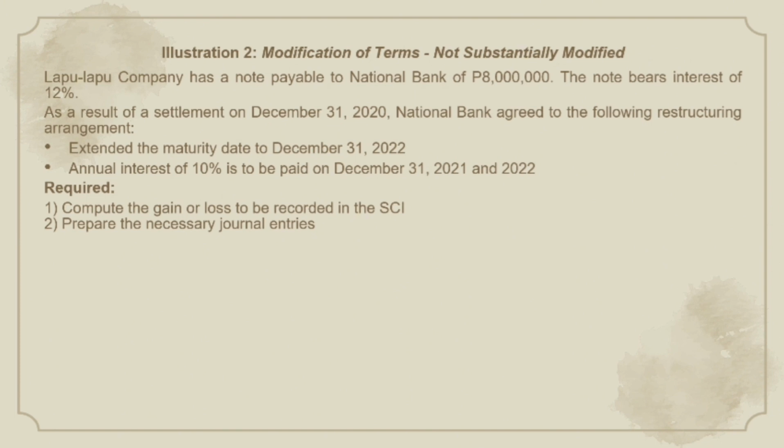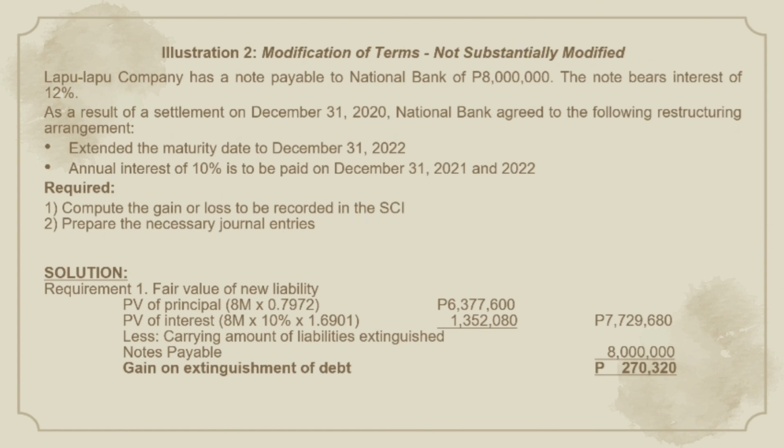necessary journal entries. So for requirement 1, the fair value of the new liability, we have the present value of principal, 8 million times a rate of 0.7972, we have 6,377,600. We have the present value of interest, 8 million times 10% times the rate of 1.69, we have 1,352,080, which equates to 7,729,680.